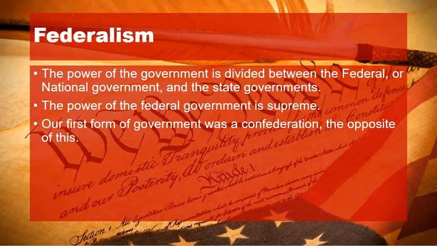And really that begins with the Constitution. Our first form of government was a confederation, the exact opposite of this. The states had the power to determine things, and the national government really was useless. It had very little power, very little influence. It did not create a united nation.